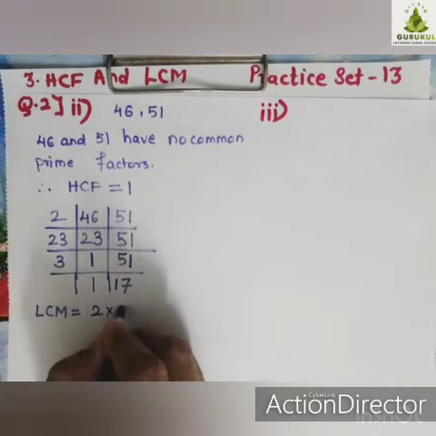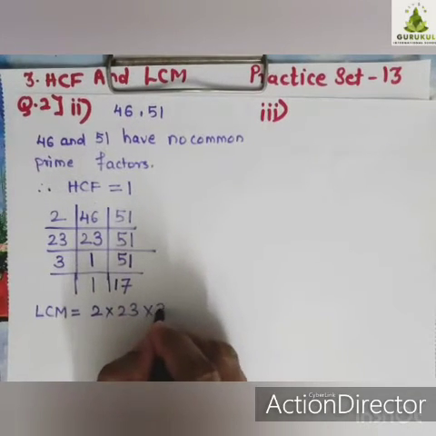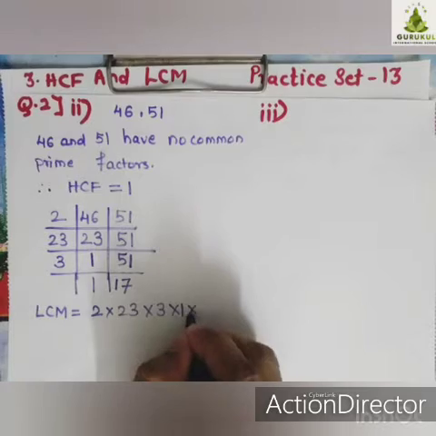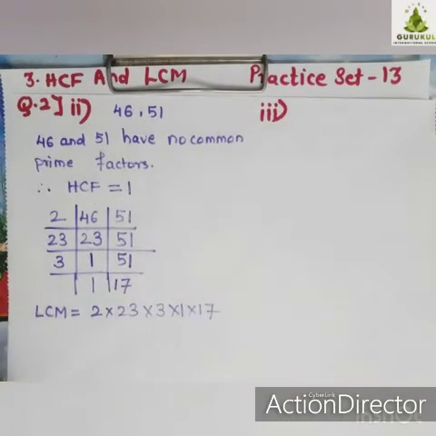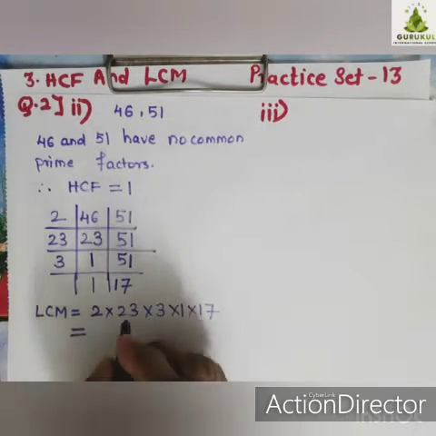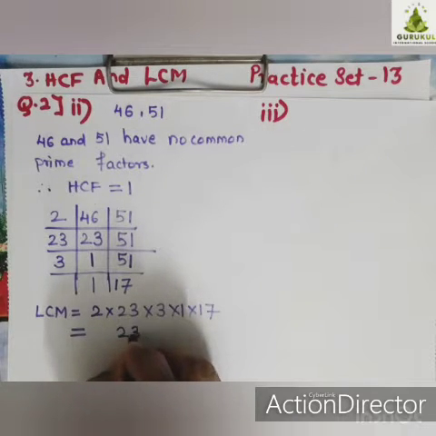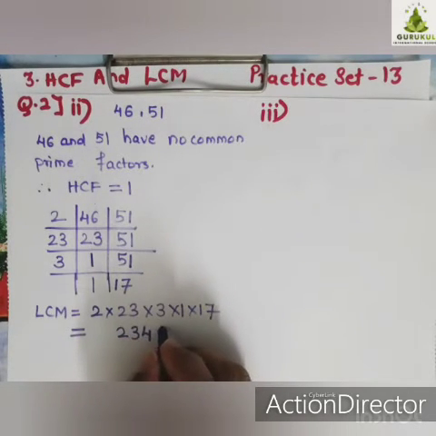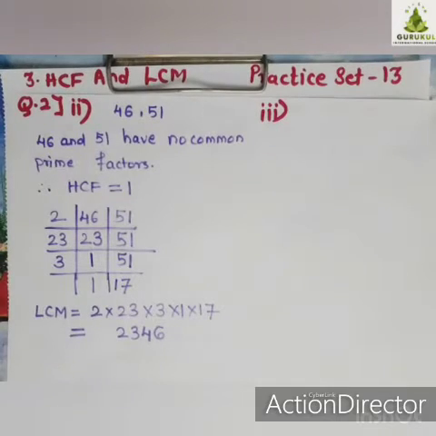So 2 into 23 into 3 into 1 into 17. Okay. So what will be the multiplication? If you do this multiplication in rough work, you will get the number 2346. Correct? So this is LCM.